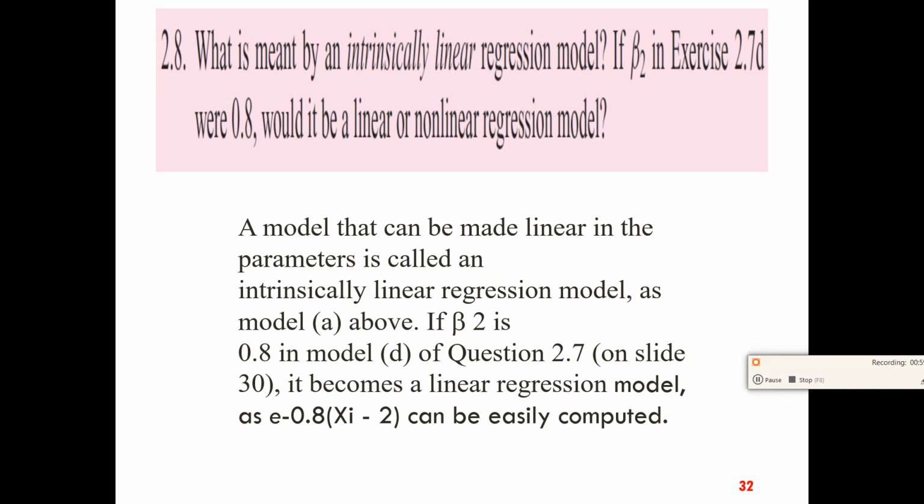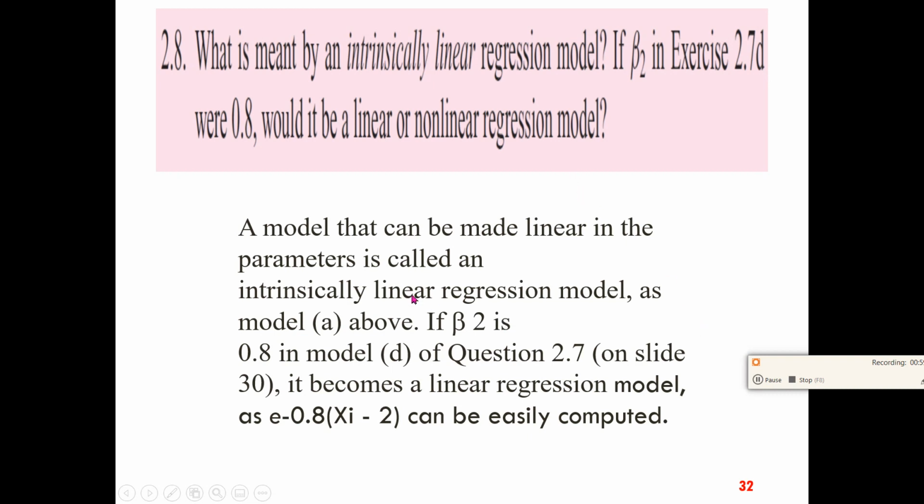Next, just to further strengthen your concept: what is meant by an intrinsically linear regression model? And if beta 2 in the previous exercise part D was 0.8, would it be linear? First of all, there are two parts to this question. First, what is meant by an intrinsically linear regression model?